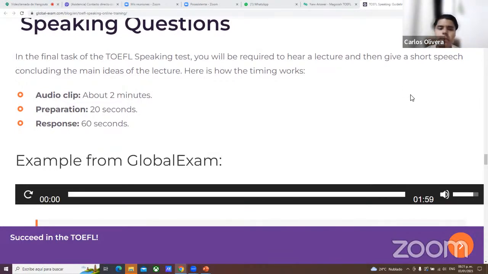All right, so that's it. Now that we have listened to this, remember that immediately after, you're going to have the voice in your headphones telling you, 20 seconds after a beep. Imagine in this case that those 20 seconds have already passed, and now you get the 60 seconds to respond.